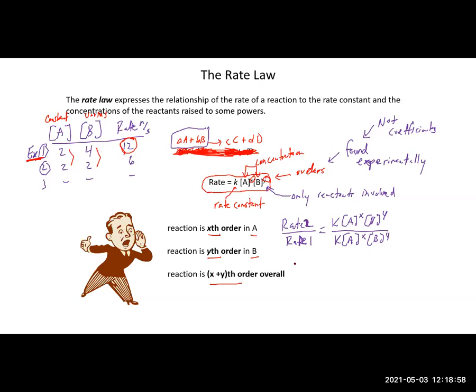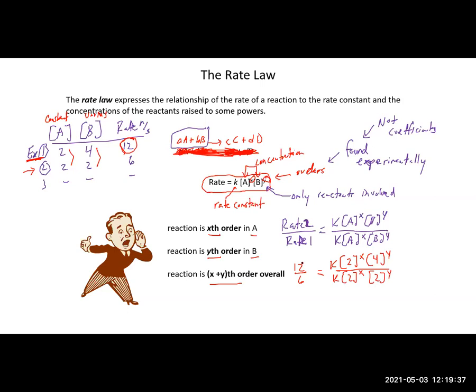That means my rate was 12 equals k times A, which was 2 to the x, times B, which was 4 to the y. And that's all the information from number 1 in the table. I'm now going to put all the information for number 2 in the table. My rate would be 6, and I would have k, concentration of A would be 2, and concentration of B would be 2 in this case.